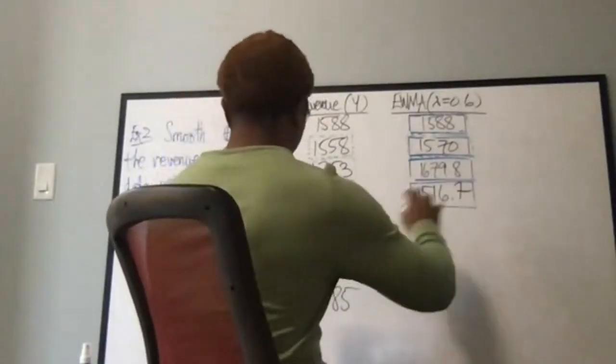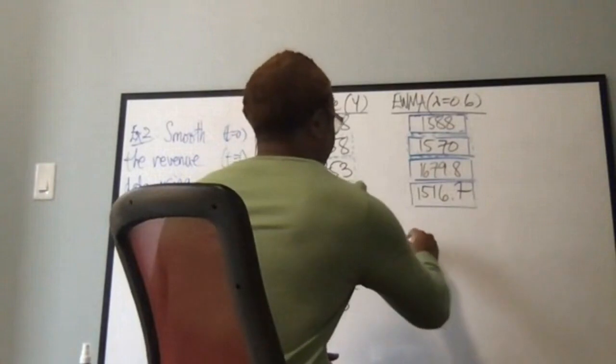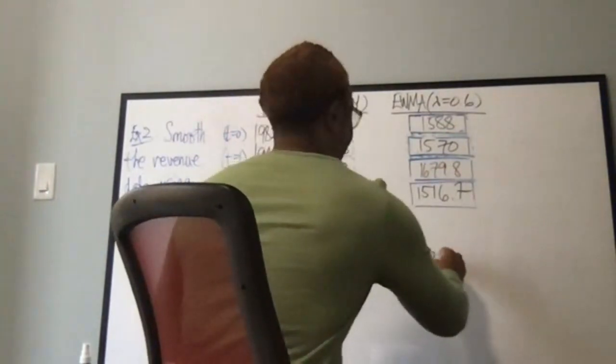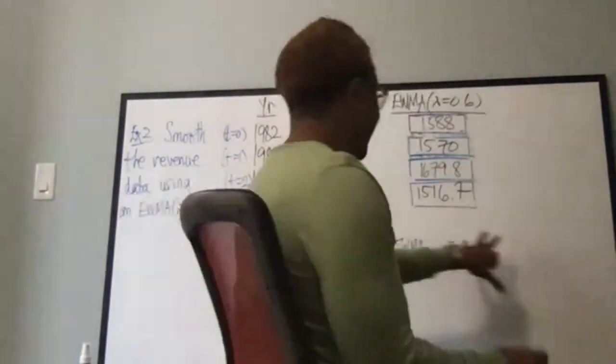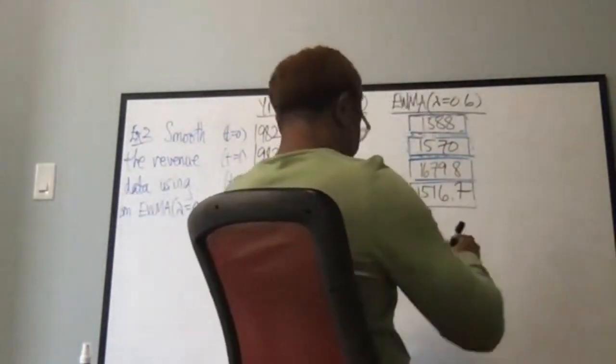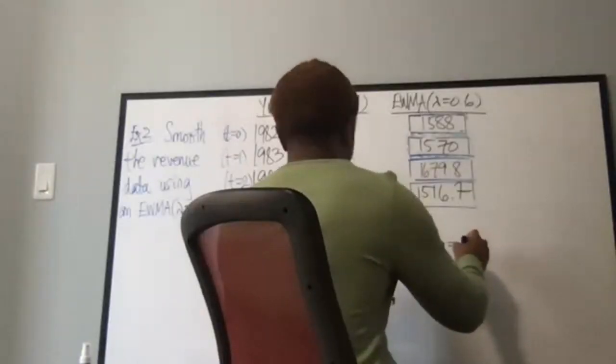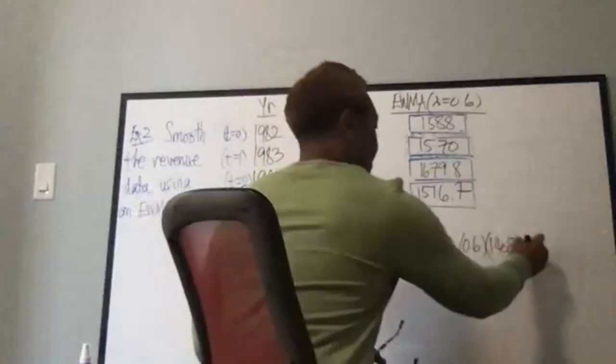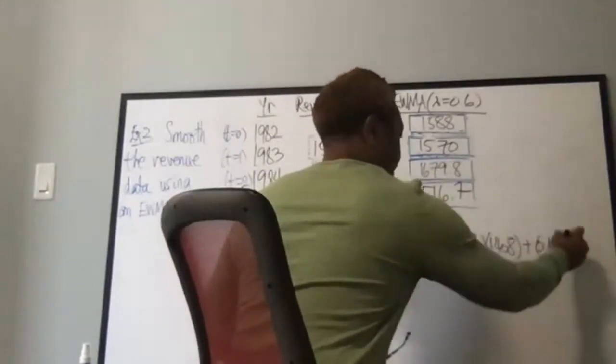So you have EWMA of 1985. Tell me what you've written down in terms of the initial equation. Like with the numbers in it? Yeah. So it's 0.6 times 1408, which I got from the 1985 revenue Y, plus 0.4 times 1679.8, which I got from the EWMA of 1984.